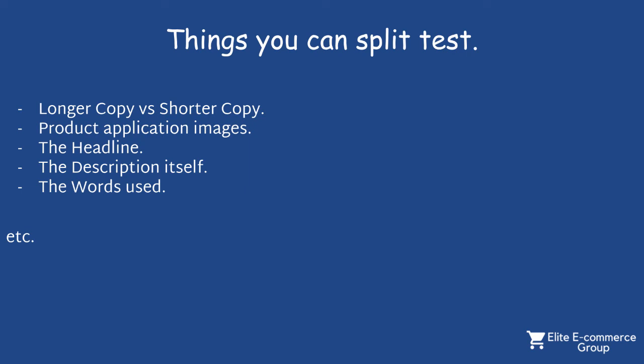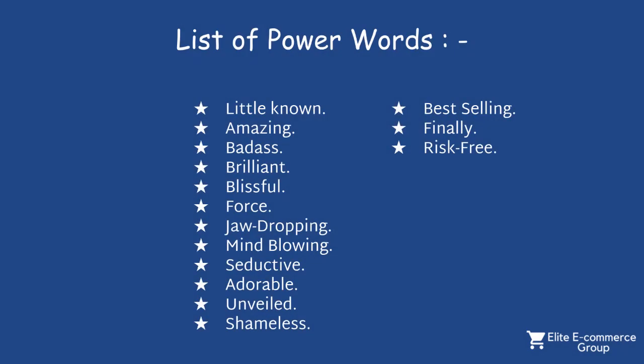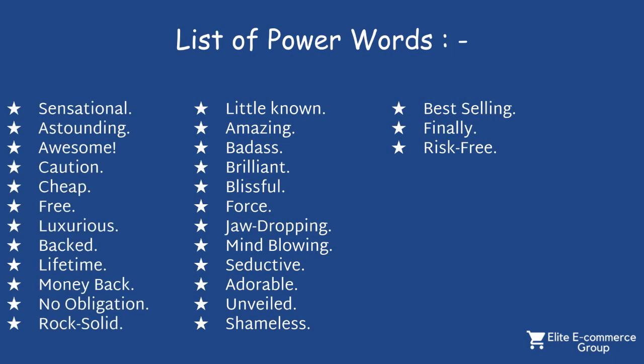On one description you can use power words, and on another you can use normal words to see what converts better. Here is a list of power words: sensational, astounding, awesome, caution, cheap, free, luxurious, backed, lifetime. Whatever words you're using, replace them with one of the power words and you'll see an increase in conversions.